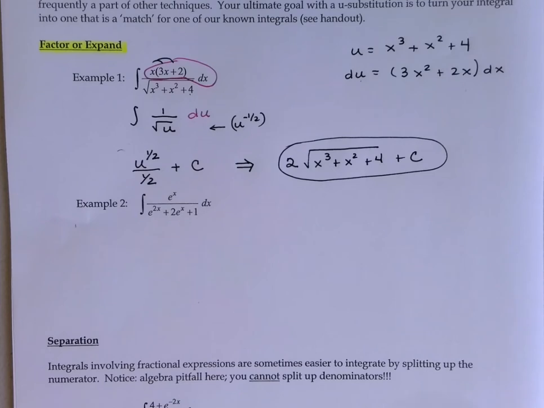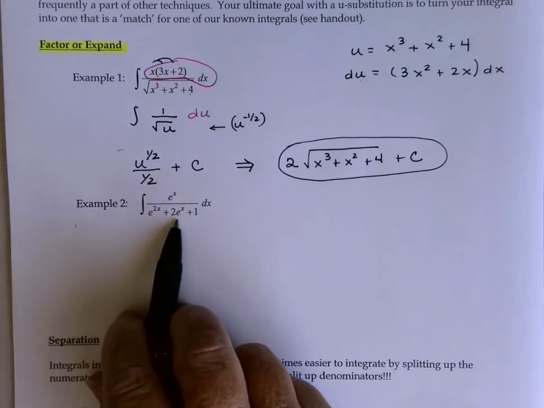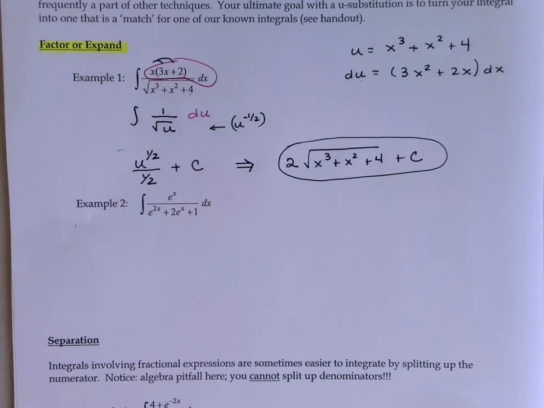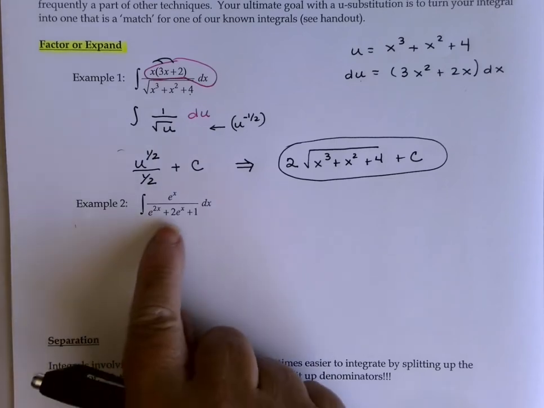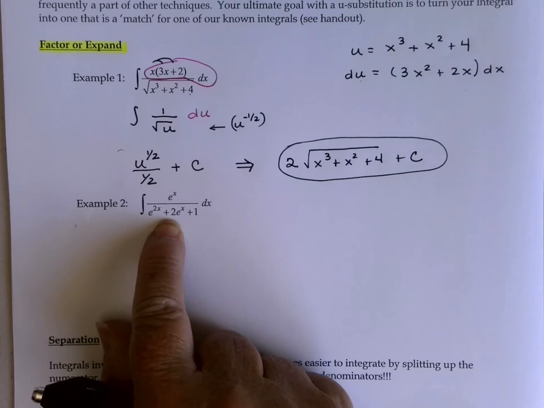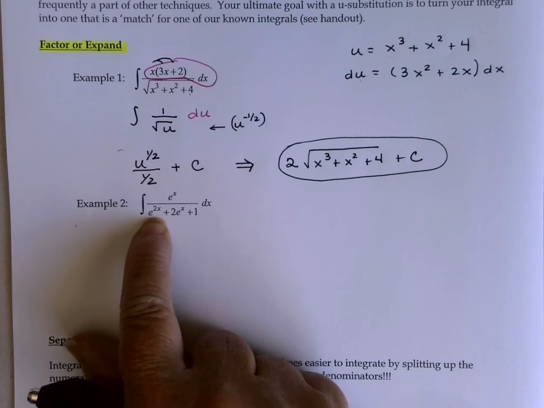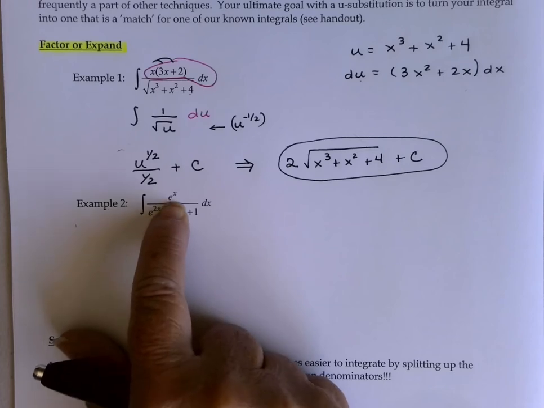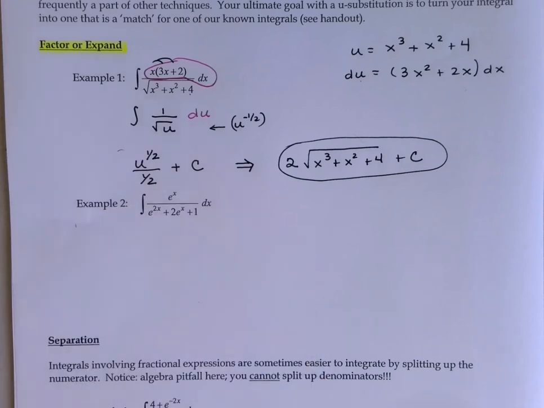That's another option. When I look at example 2, right now, I don't see anything that's a true inner function. We have talked about letting u be what's in the denominator. But I'm going to notice here, I don't think that's going to help me too much, because the derivative would be 2e to the 2x plus 2e to the x, and I don't have any e to the 2x's on top.